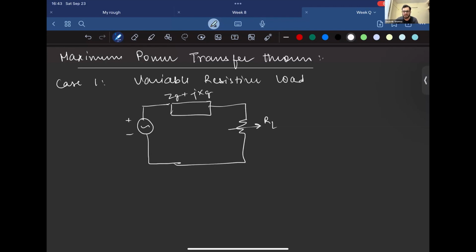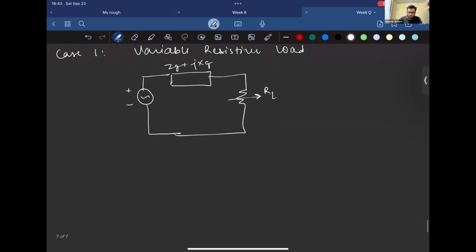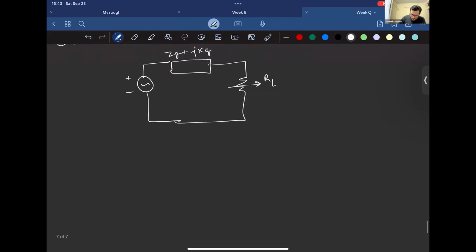How will you do it? Just find out the value of I and then tell me. I know P is I square times RL, but I want you to tell me the full equation. So I is Vg upon Rg plus RL plus J times Xg, right?